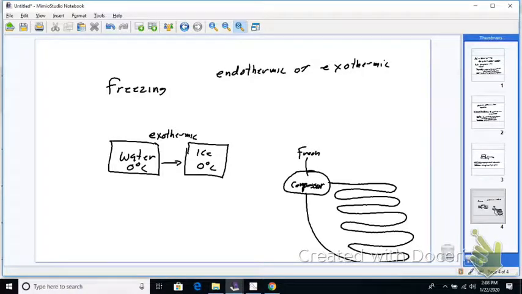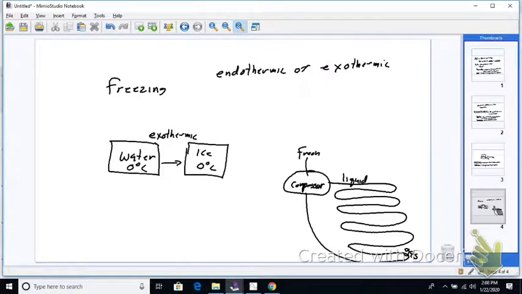Yep. So when it comes out, it's a liquid, and then that liquid will warm up. And by the time it's down here, once it passes by the part of the refrigerator or the freezer that is cooling down, it will go into a gas. I hope I have this right.